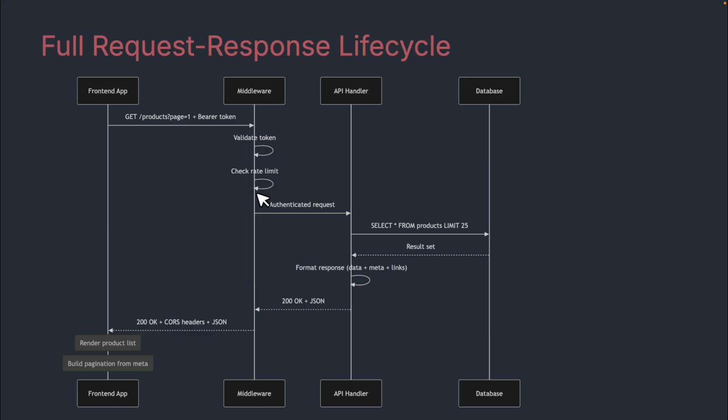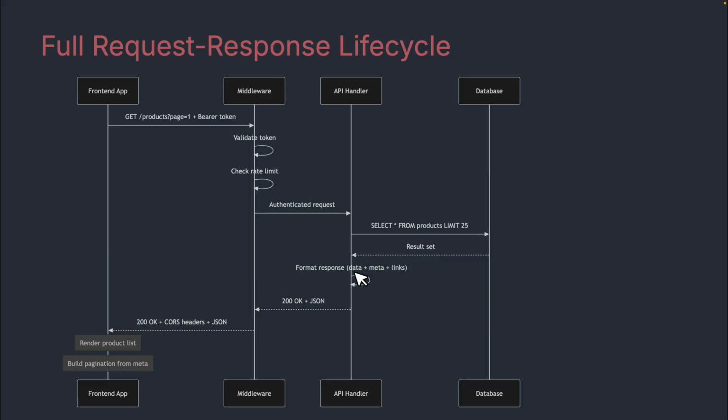How many requests has this user been making? Am I still within the allowed limit to do requests? Okay. API handler: yes, it's authenticated. So the API handler will say, okay, let me query the database: select products from the database and limit to 25. That's the default. It will reply with my result set.